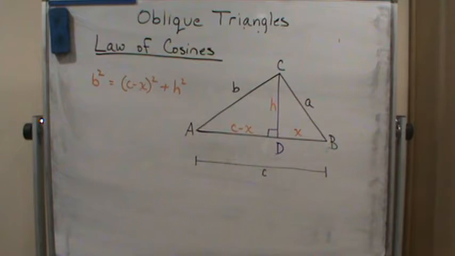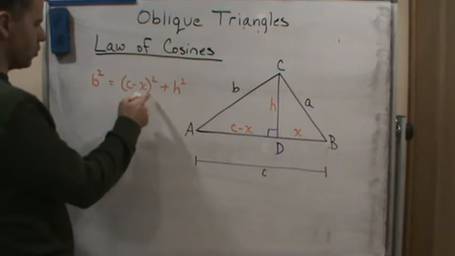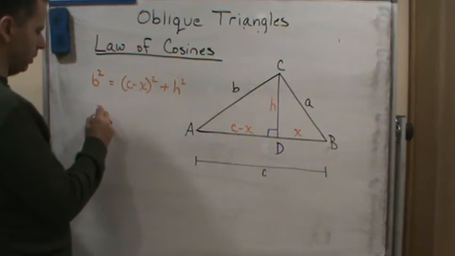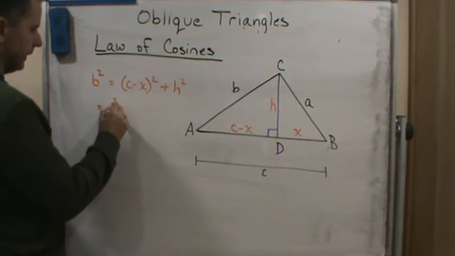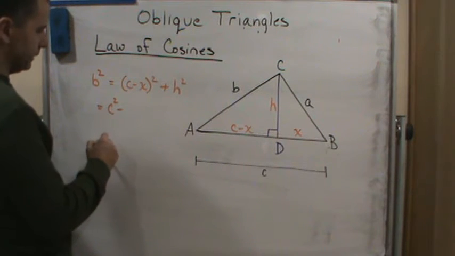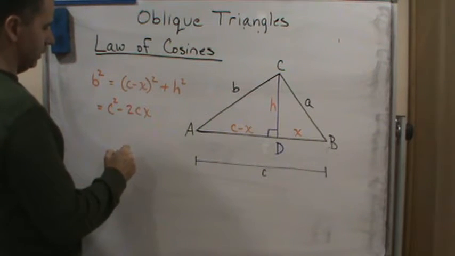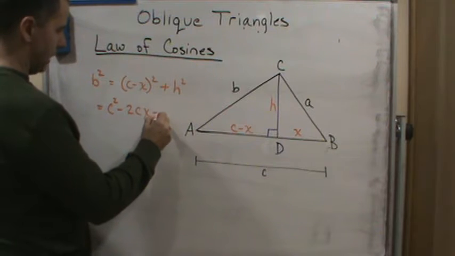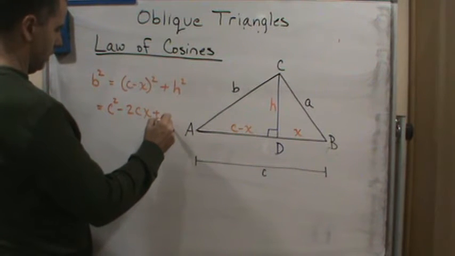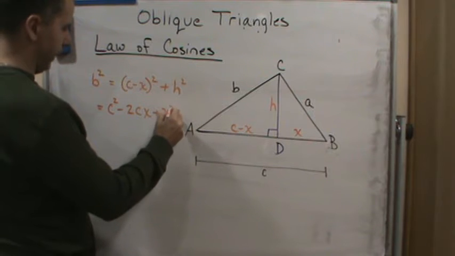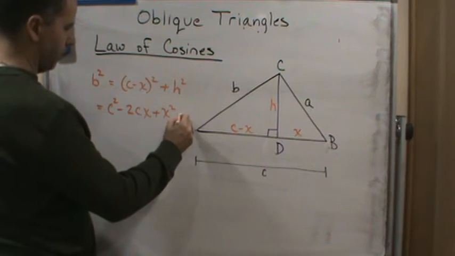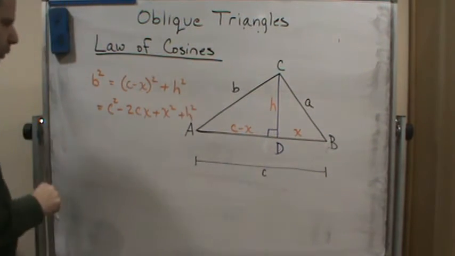Okay, and so let's expand. If we expand this out, this is going to equal c squared minus 2cx plus x squared plus h squared, right?